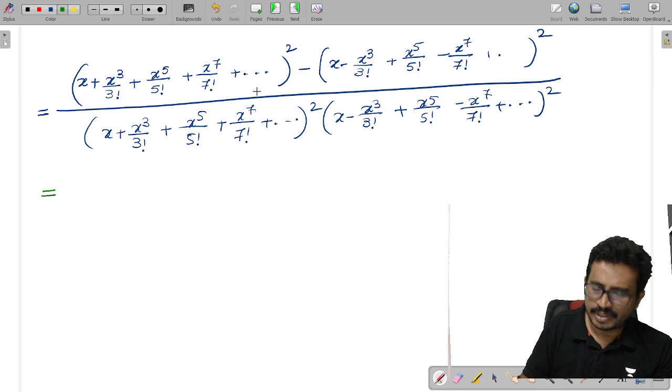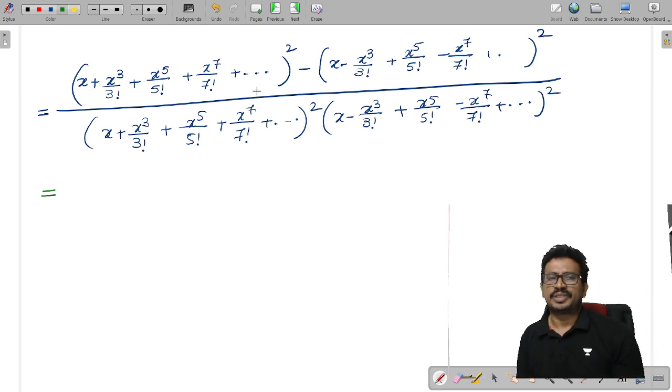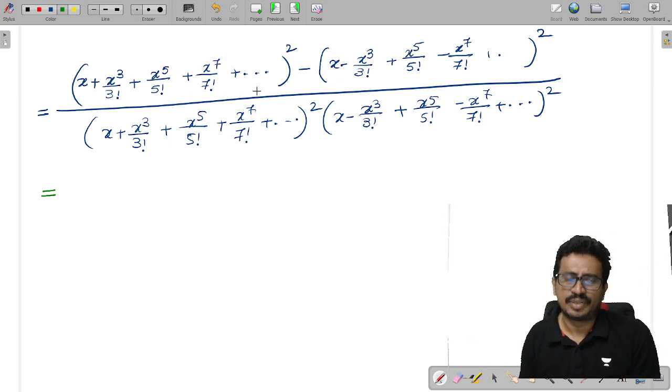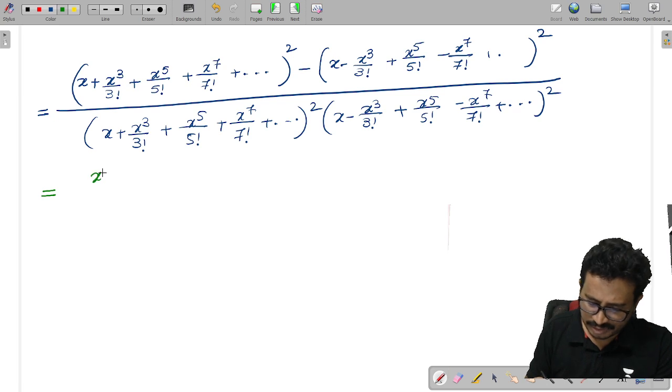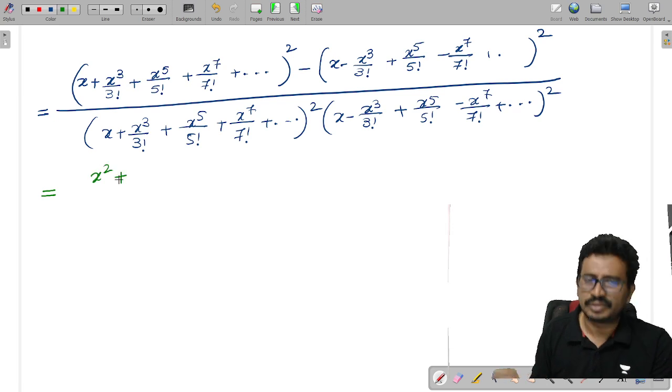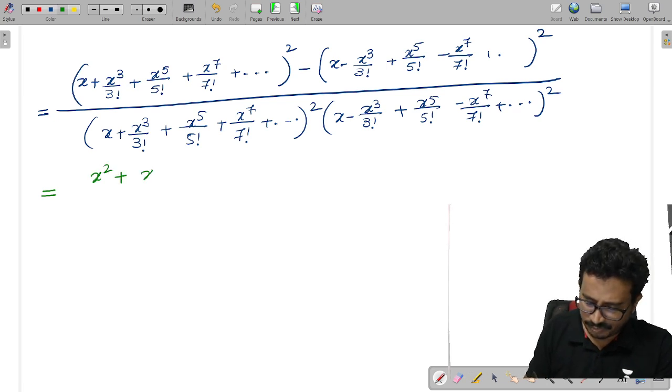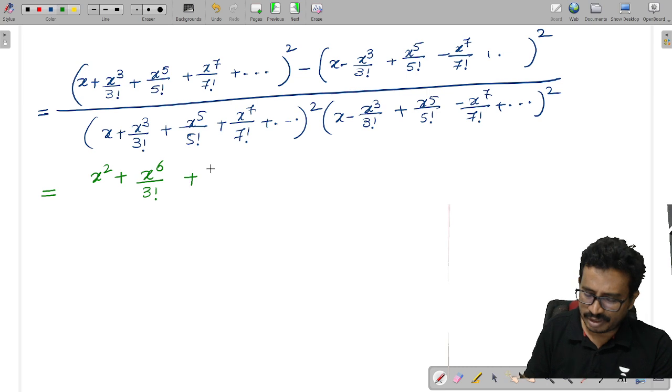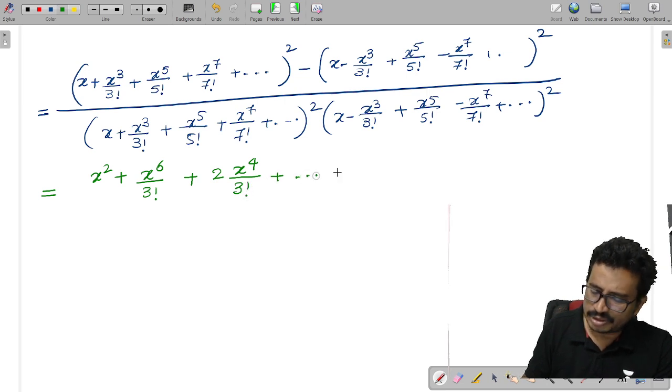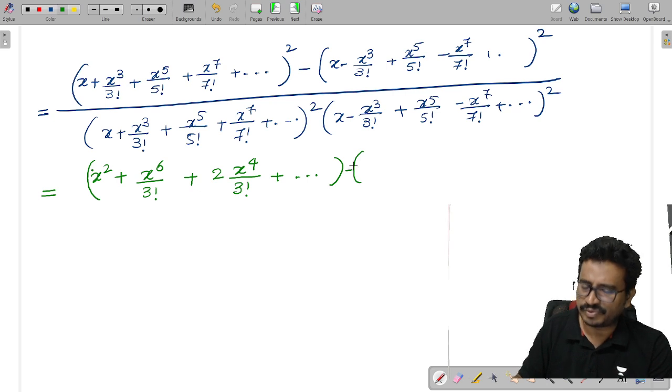Now this expansion is in the form of a plus b plus c plus d and so on, whole square. Definitely there we have a square, this term will come now. Next, b square is also there, and somewhere we have a 2ab also. 2ab means 2 into x power 4 by 3 factorial, and of course we have so many other terms also, those things we do not require, you can see why.